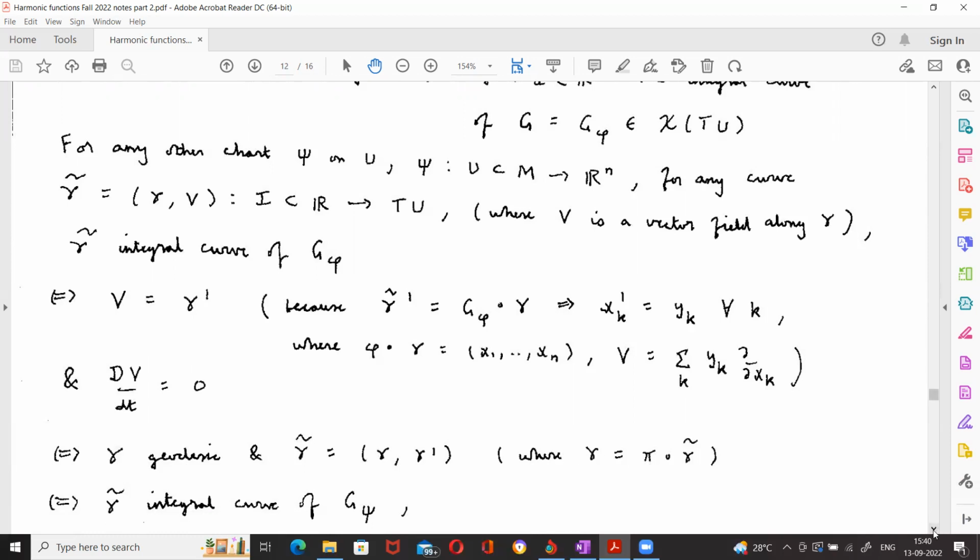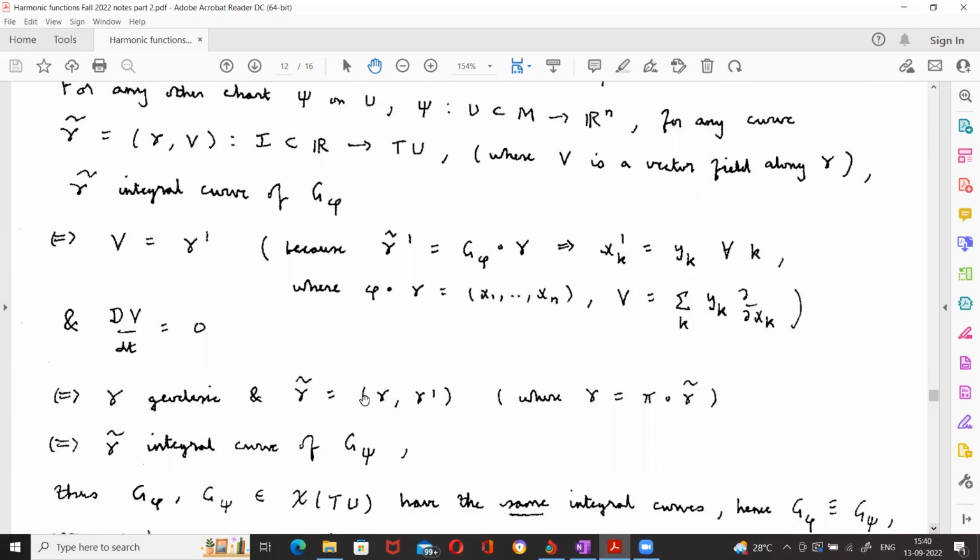But gamma being a geodesic and gamma tilde being the natural lift is equivalent, by the same argument, to gamma tilde being an integral curve of the vector field G sub psi, where psi is the other chart. By the same argument, right?